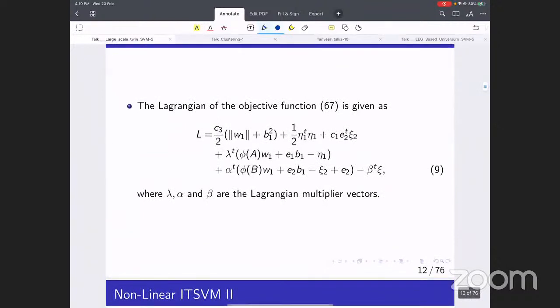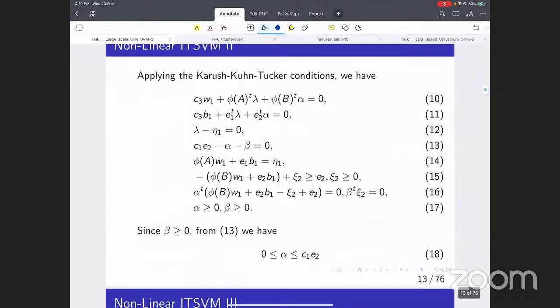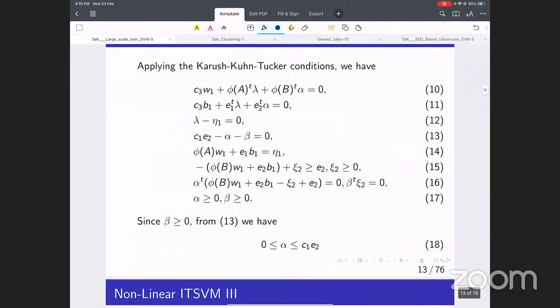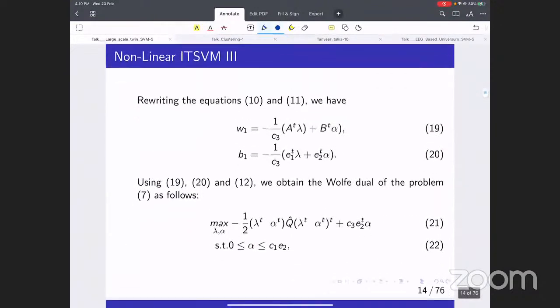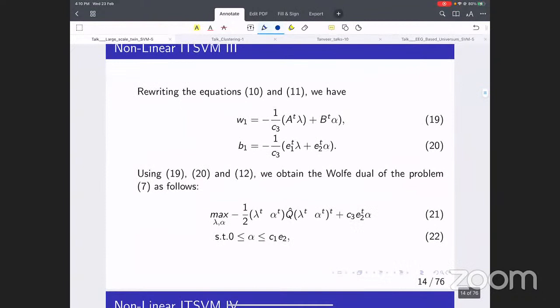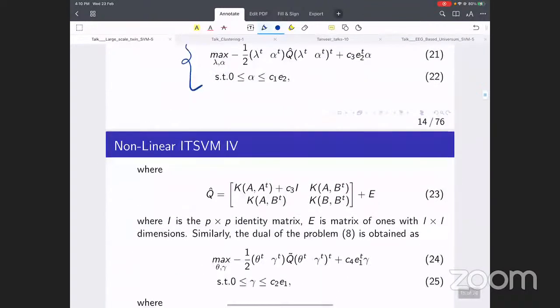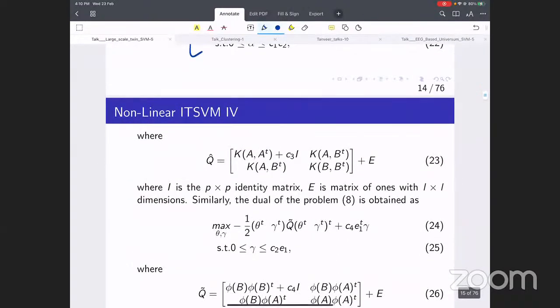You can see that they keep it as a Lagrangian function here additionally. We simplify by partial order derivatives and all. While solving, you will see W1 and B1 and this quadratic programming problem, dual form, and W1, B1, and here Q cap.